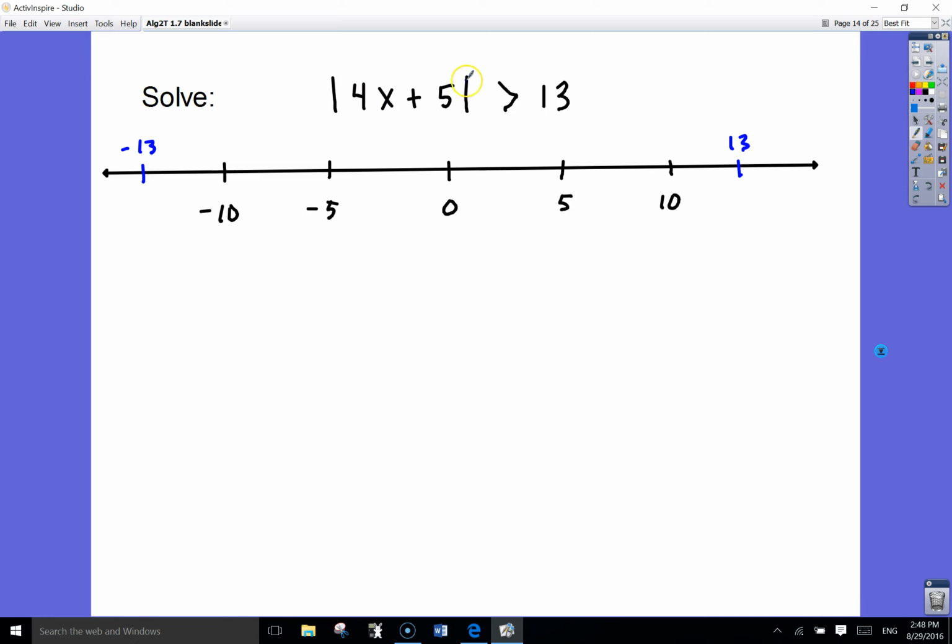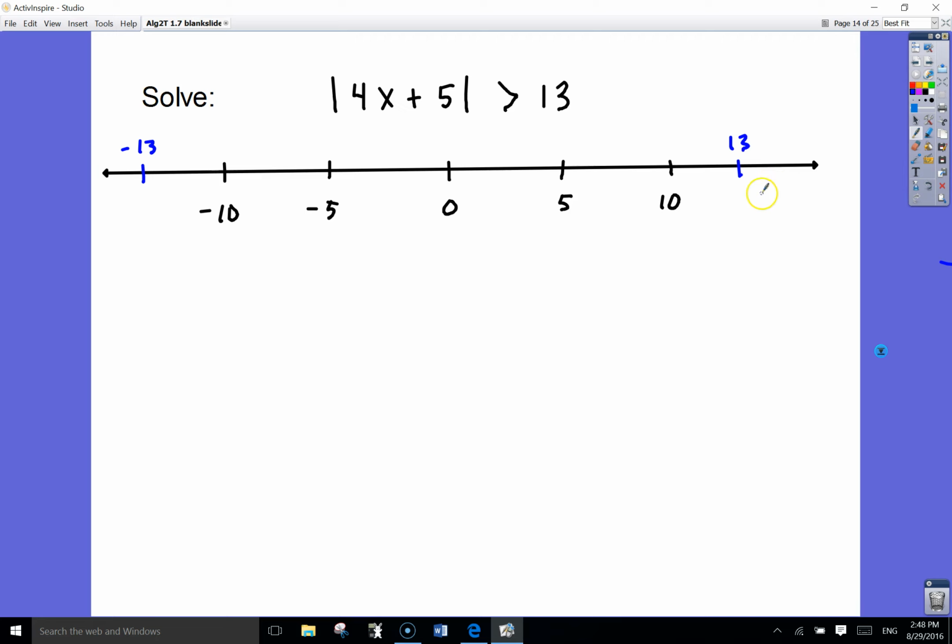Again, if I take the absolute value of a positive number, then it stays the same. It doesn't change the value. Well, if the expression inside the absolute value is already greater than 13, and it's positive, then the effect of the absolute value is nothing.